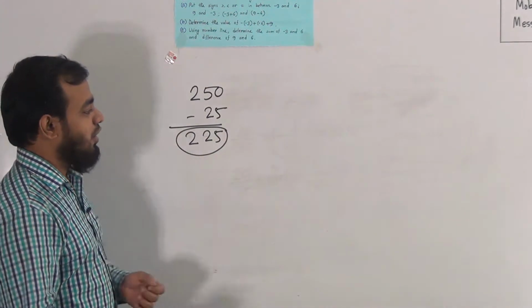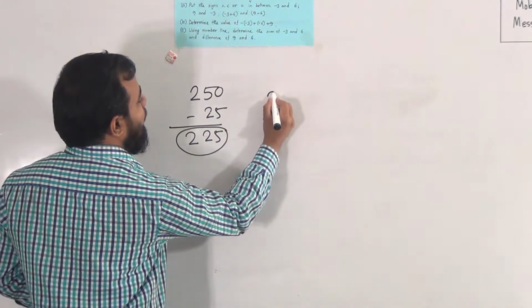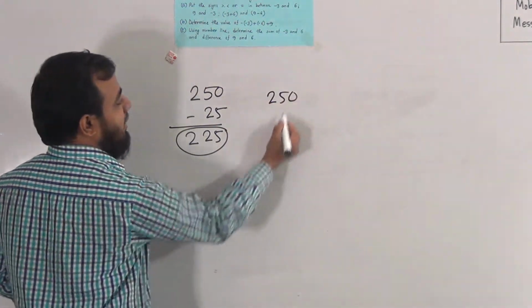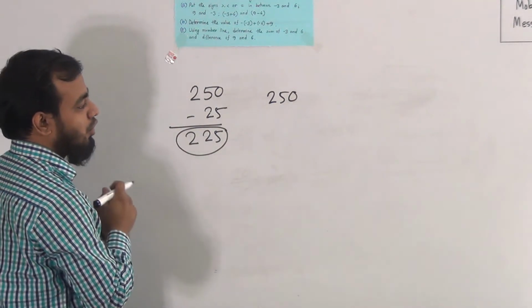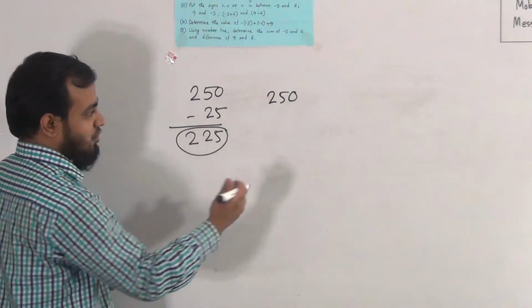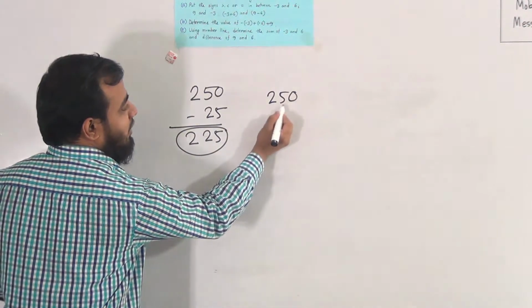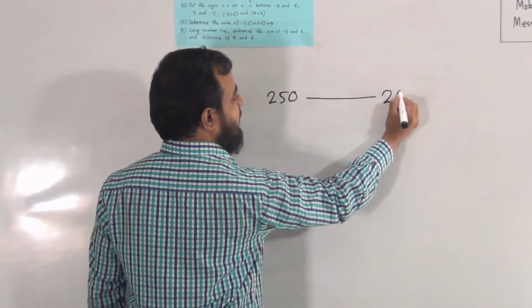Okay. So how can we calculate it? By the unitary method we can easily calculate it. Okay, how? You have to write down in words. I'm not going to write down the whole solution. You have to write down the total solution. I am writing only the calculation here. Out of 250 mangoes, the number of quite good mangoes is 225.